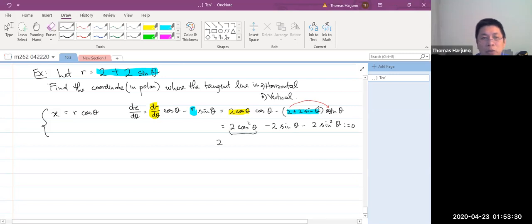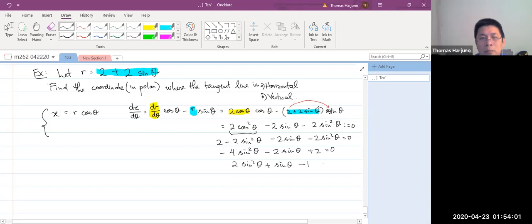So this will be 2 minus 2 sin²θ. I get negative 4 sin²θ minus 2 sinθ plus 2 equals 0, divided by negative 2, and then factor.